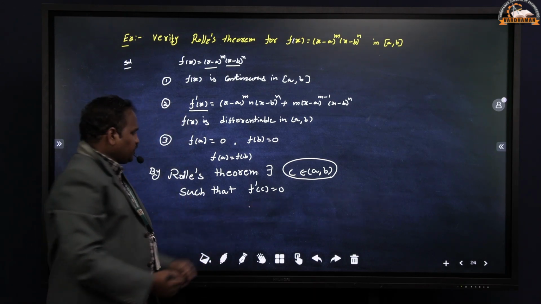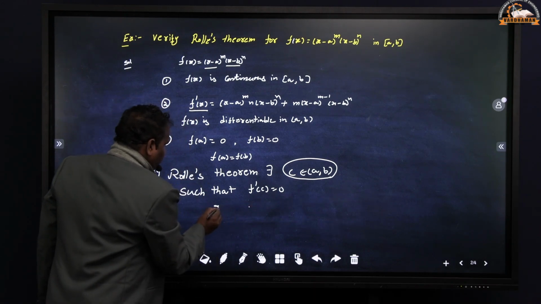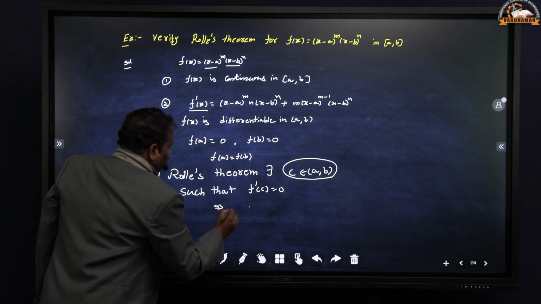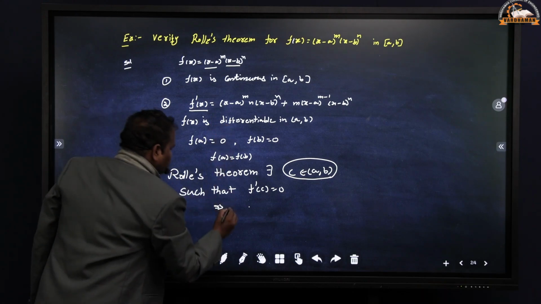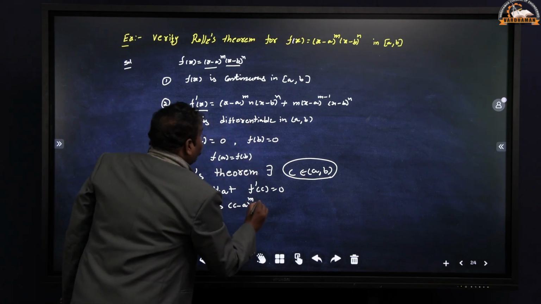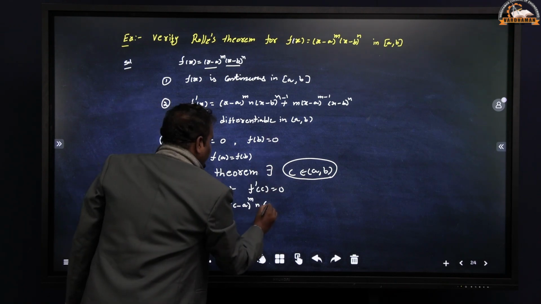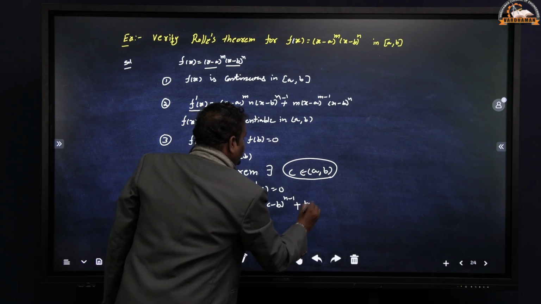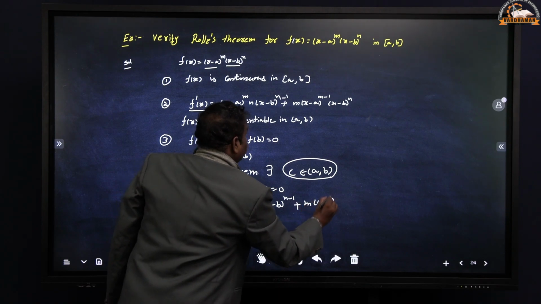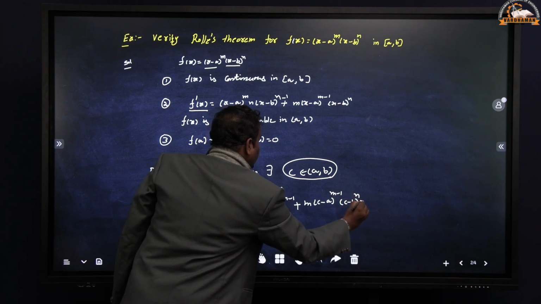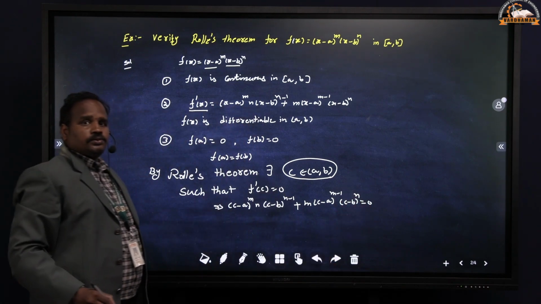f dash of c is equal to 0 implies replace x as c. f dash of c means (c minus a) whole power m into n into (c minus b) whole power n minus 1 plus m into (c minus a) whole power m minus 1 (c minus b) whole power n is equal to 0.